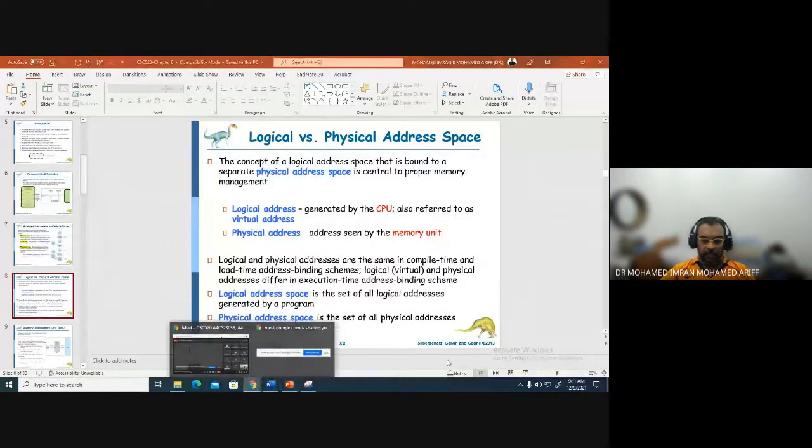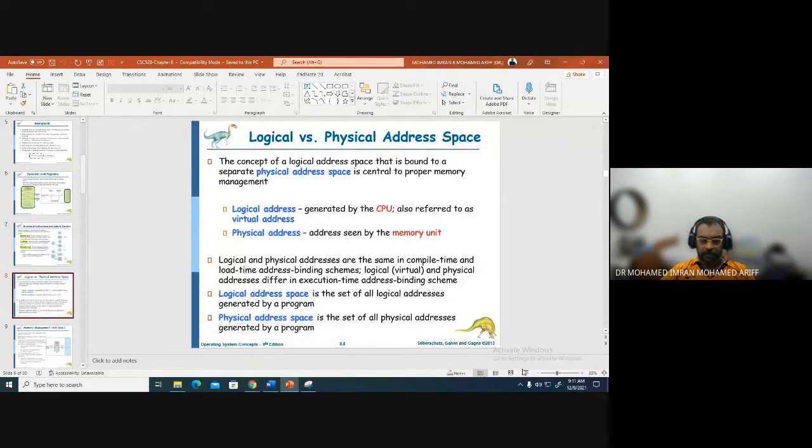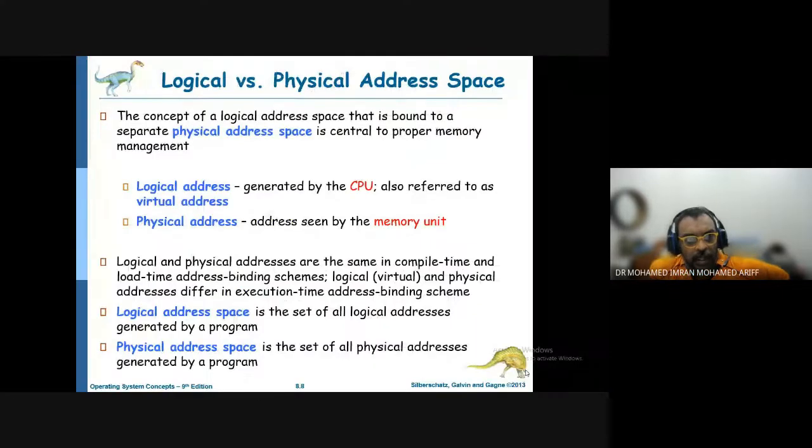So, the concept of a logical address that is bound to a separate physical address space. What is a logical and physical address? A logical address is something generated by the CPU.